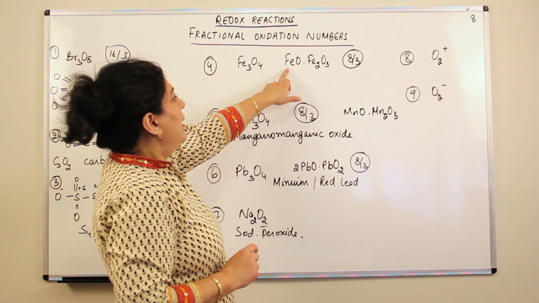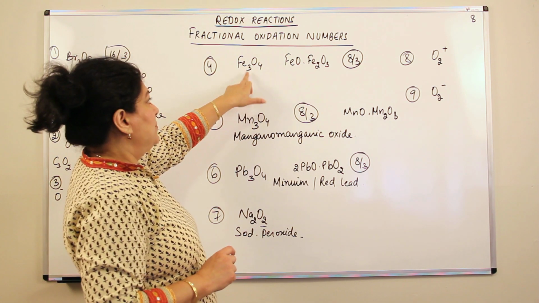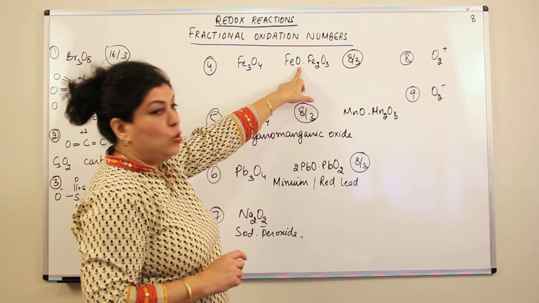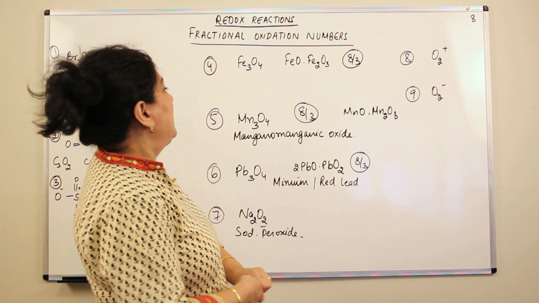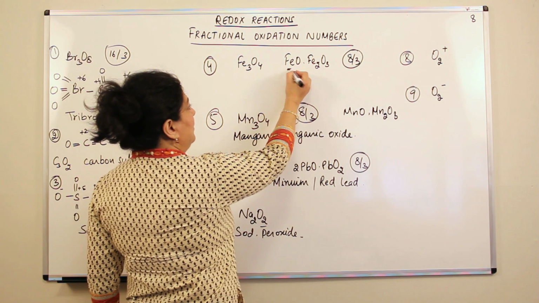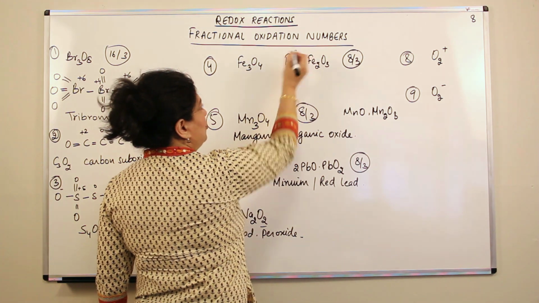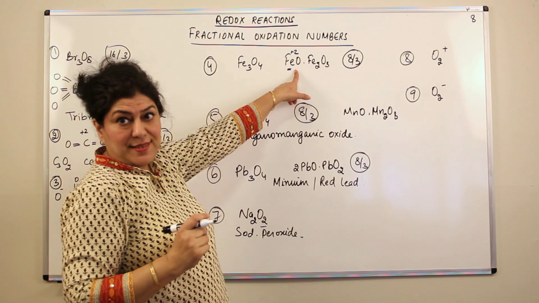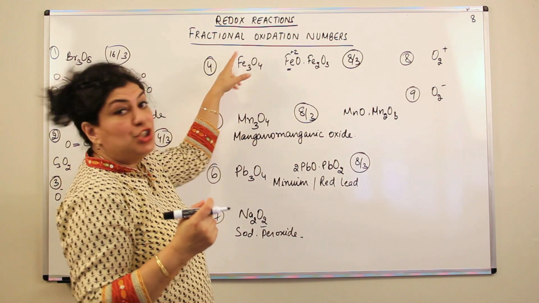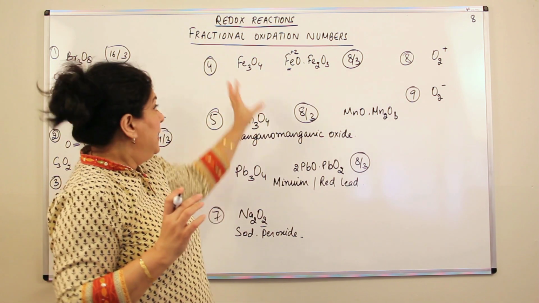In Fe3O4, there are 3 iron atoms. One iron atom is combined with oxygen as FeO. If it is combined with oxygen as FeO, oxygen has a charge of -2. So this iron will have a charge of +2 to neutralize this. Because on the whole it is a neutral molecule. If it was not, you would have seen a charge on it.